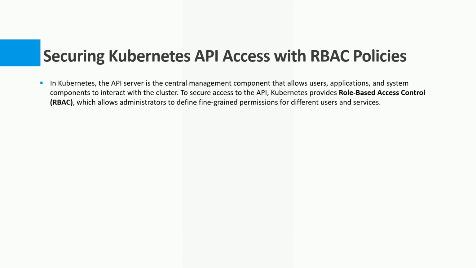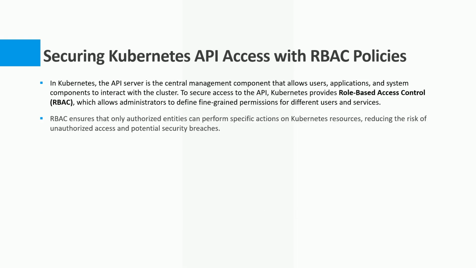So let's start. In Kubernetes, the API server is the central management component that allows users, applications and system components to interact with the cluster. To secure access to the API, Kubernetes provides role-based access control, which allows administrators to define fine-grained permissions for different users and services.